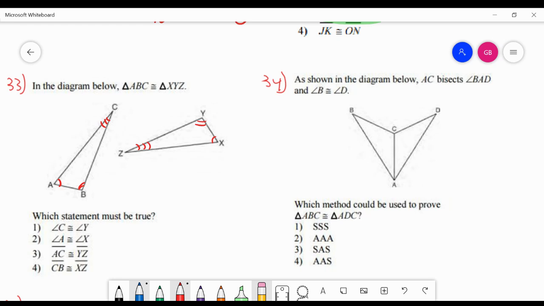That's going to be no, it's not the same angle. Is A congruent to X? Yes, that one works. They have one arc. AC and YC do not correspond, and BC and XZ do not correspond.